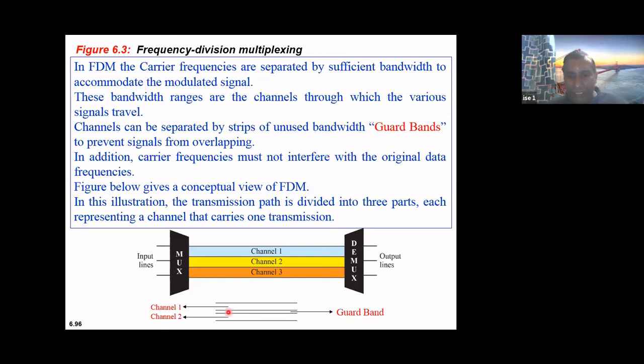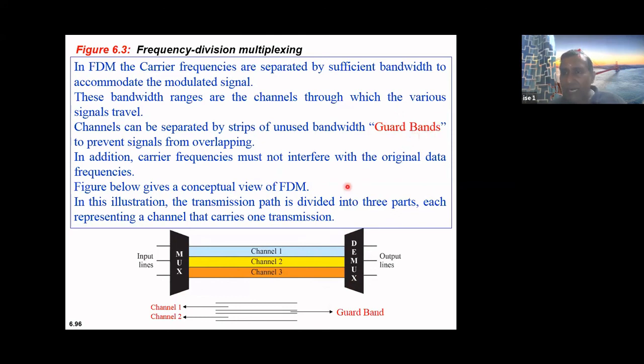So this is the particular band which is called the guard band. Signals coming from this line will pass through this channel, and signals coming from the next line will pass through the next channel. The demux will separate at the end the channel 1, channel 2 and channel 3 traffic. This is the simple concept of guard band. Have you understood the role of a guard band?